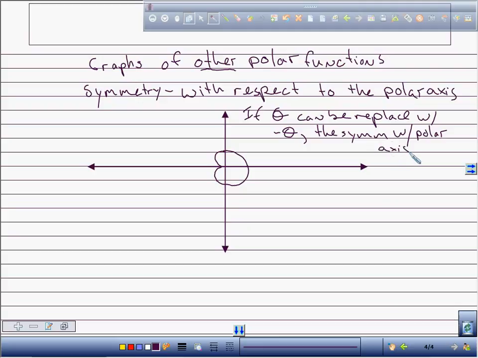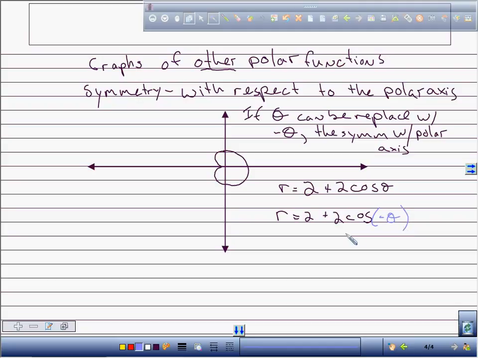So for example, say I have r equals 2 plus 2 cosine theta, and I take negative theta and plug it in here.